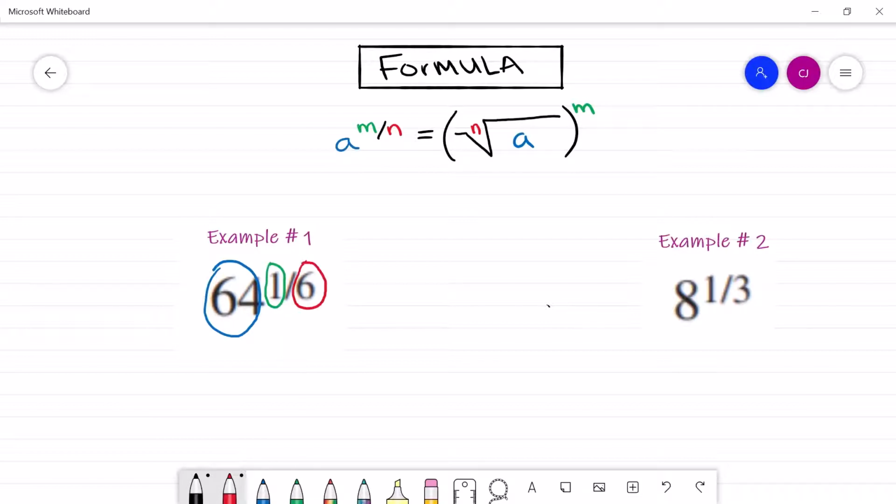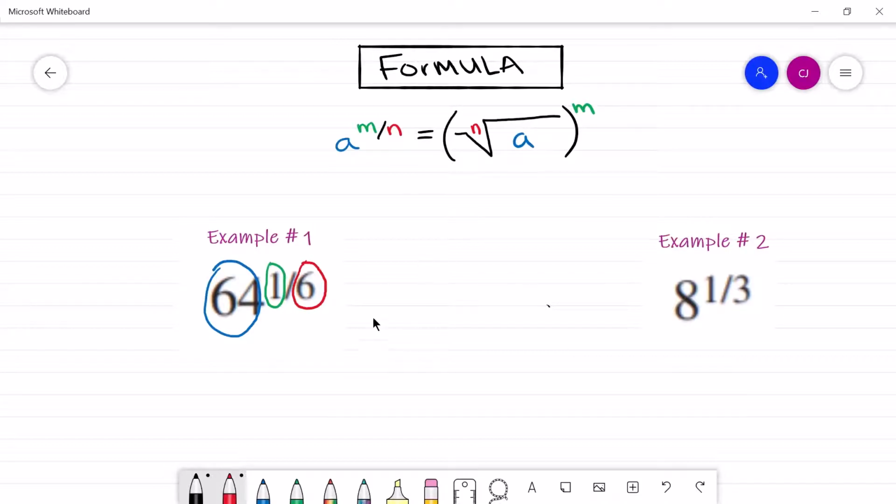Now, why did I do that? Well, because this way you can readily see that those are my known values. And so now that I know which values are part of my expression, I can then rewrite them as a radical using this formula presented.